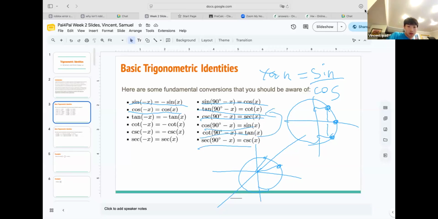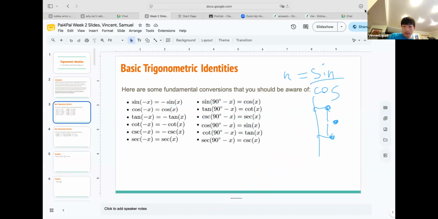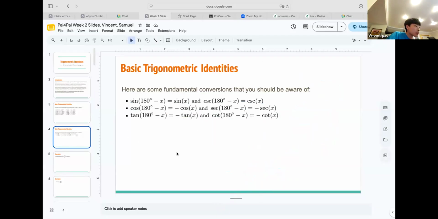Okay, and then here are some other basic identities. This one is basically reflecting across the y axis. So the point here will come here on the unit circle, and the sine is the same, but the cosine is negative. Tangent comes from sine over cosine. These are just reciprocals.